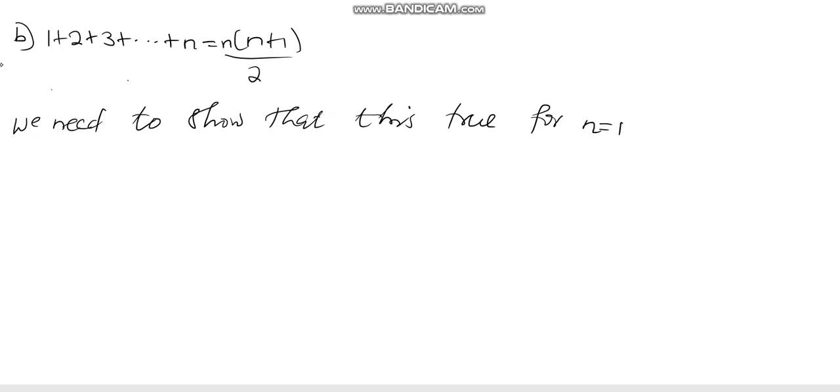To show that it is true for n equals 1, we take the expression that we have for n and equate it to the expression on the right hand side.